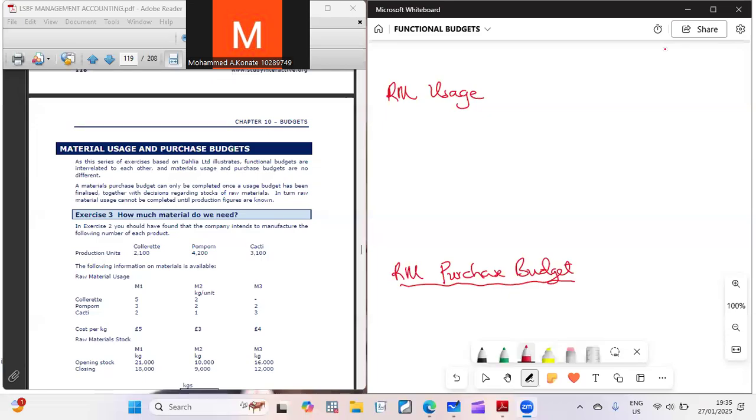So what did you get for the material usage for the respective materials? Okay, so say for M1, to colorate. I didn't total them.